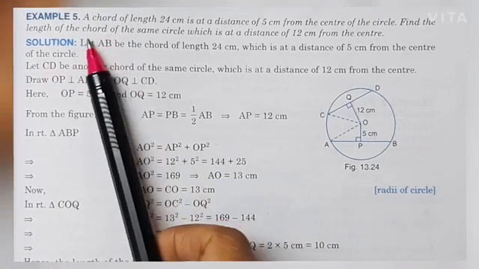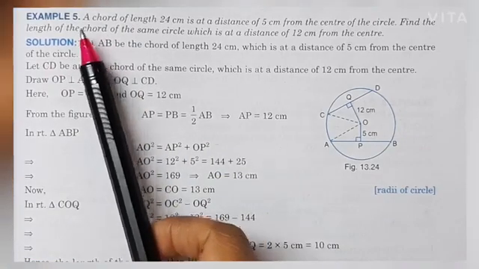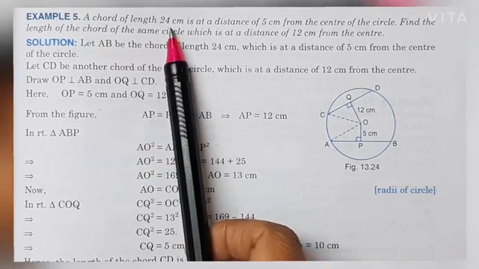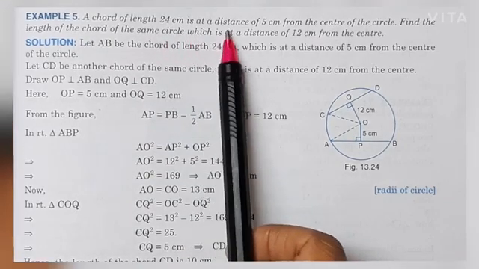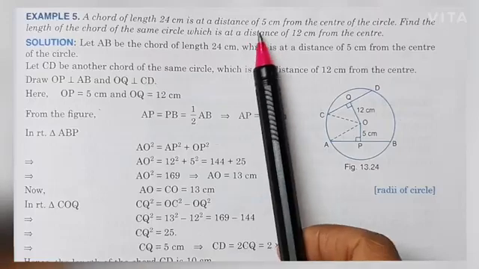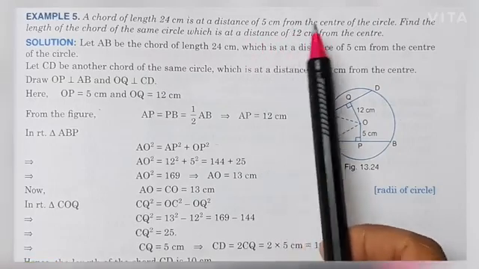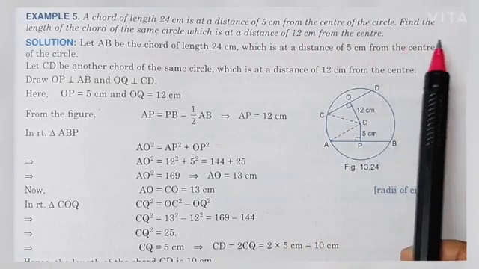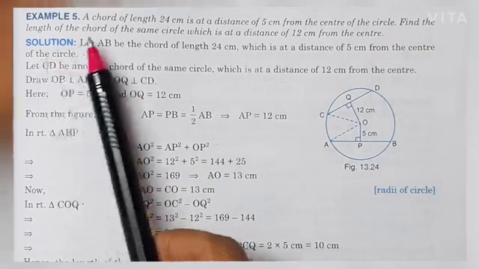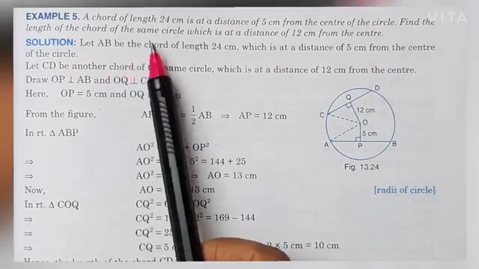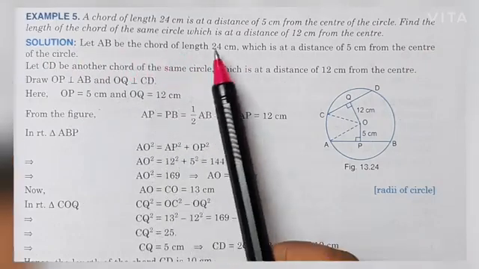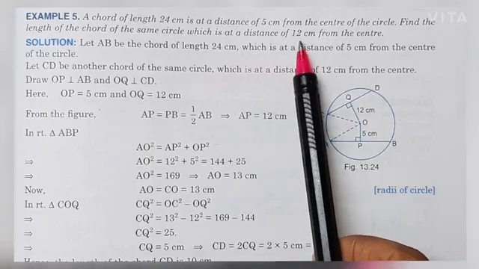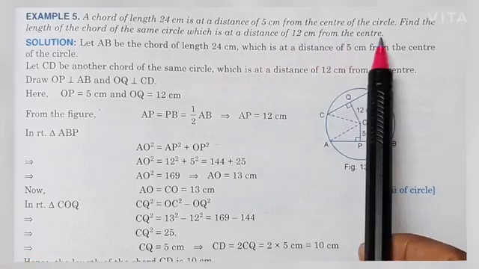Example number 5: a chord of length 24 centimeter is at a distance of 5 centimeter from the center of the circle. Find the length of the chord of the same circle which is at a distance of 12 centimeter from the center.